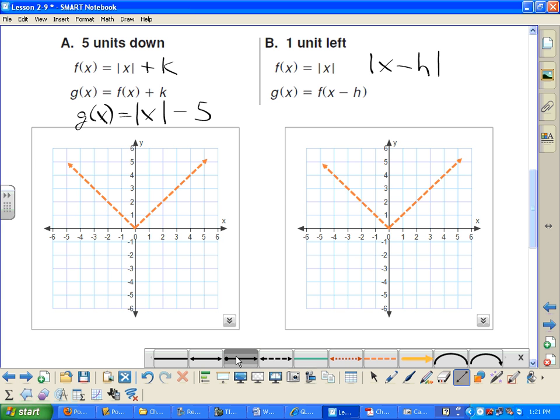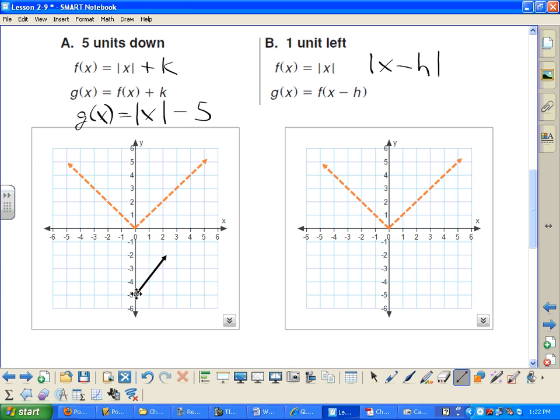We take our vertex at the origin and move it down here. Make sure your graphs are correct. This graph goes up 1 and over 1. Pretty close.